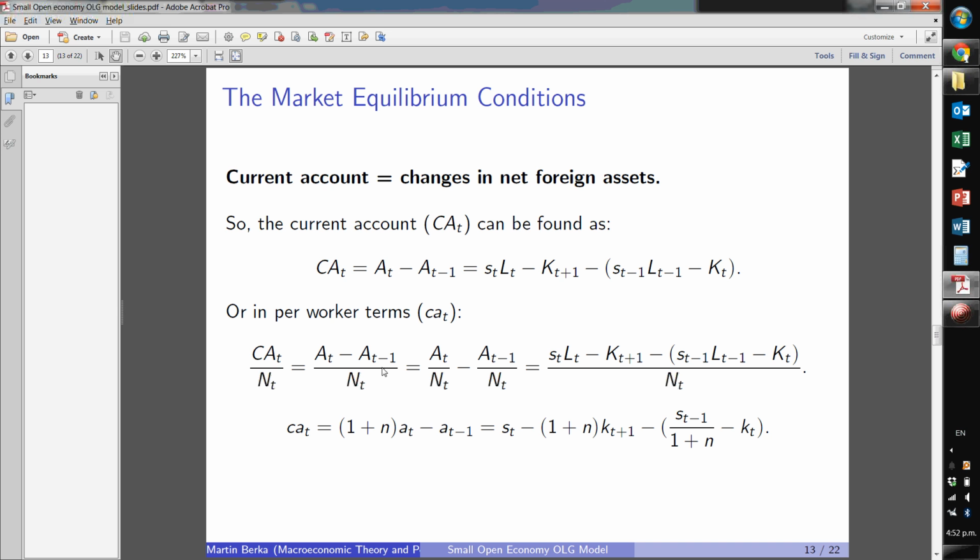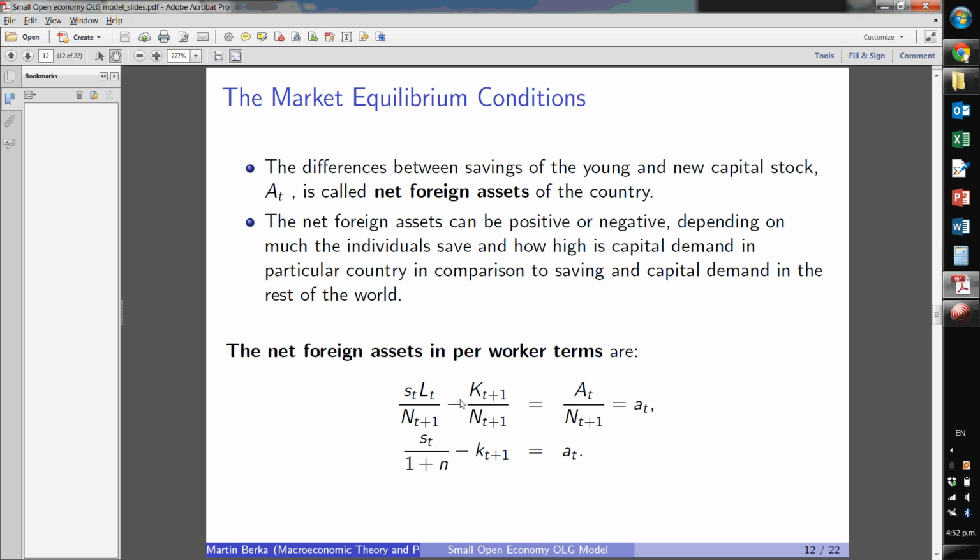I'm just dividing everything by N t and writing it again, and then I'm trying to collect terms and make more sense of what's going on. So we can see here that we can rewrite this part as 1 plus n times lowercase a t minus lowercase a t minus 1, and that's just by definition.